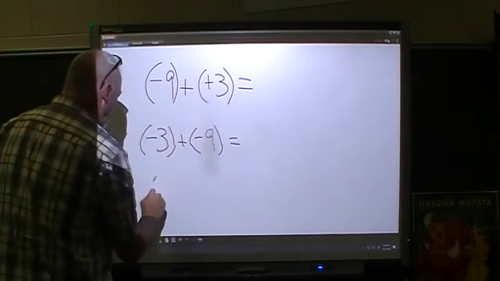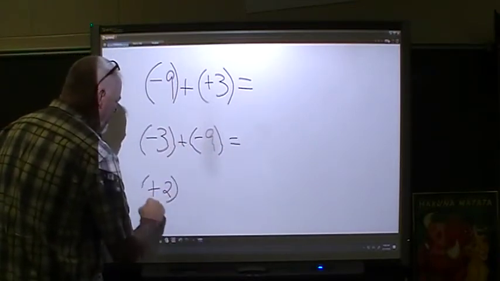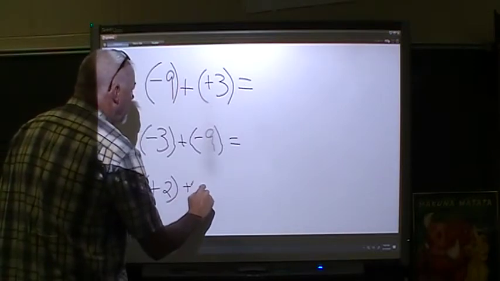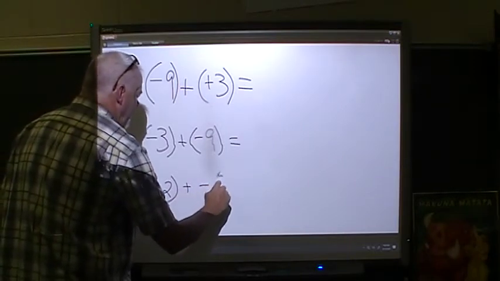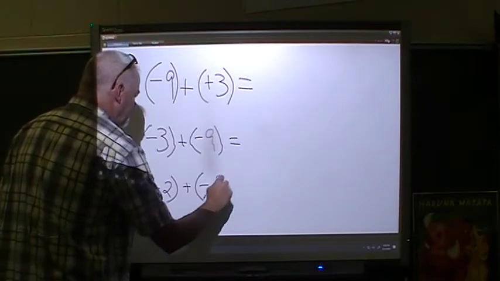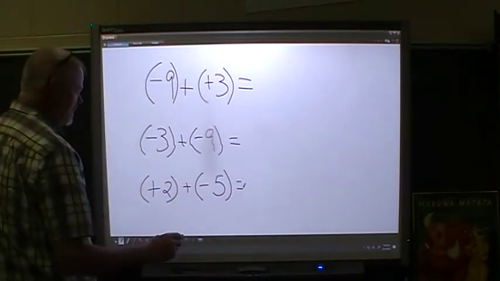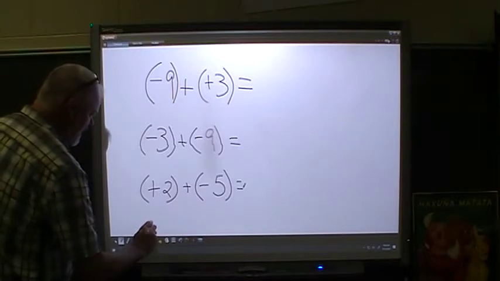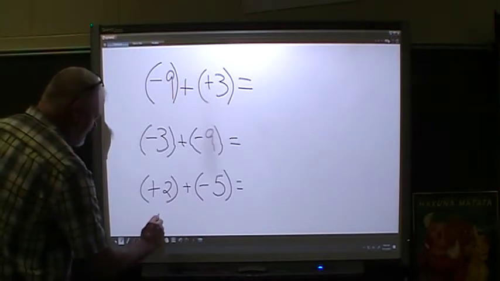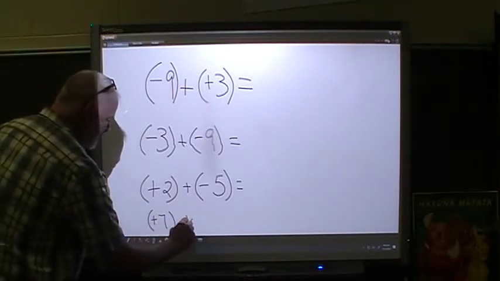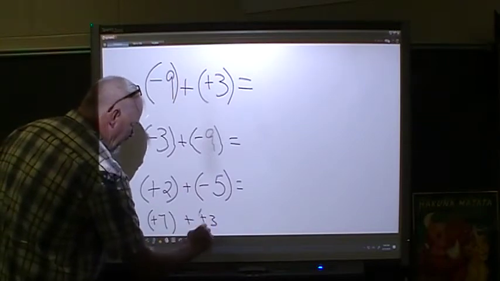Let's do positive 2 plus negative 5. And one more here. Let's do positive 7 plus positive 3.